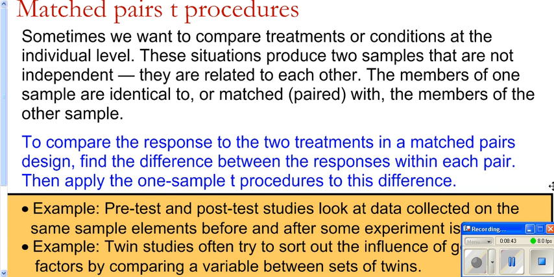Let's go ahead and consider our matched pairs and how that works with our T procedure. A matched pairs situation could be before and after treatment, or pre-test, post-test. It could be where you're matching people up in general, which are similar according to age and gender and education and social status, and you're comparing those two people, looking at their differences.